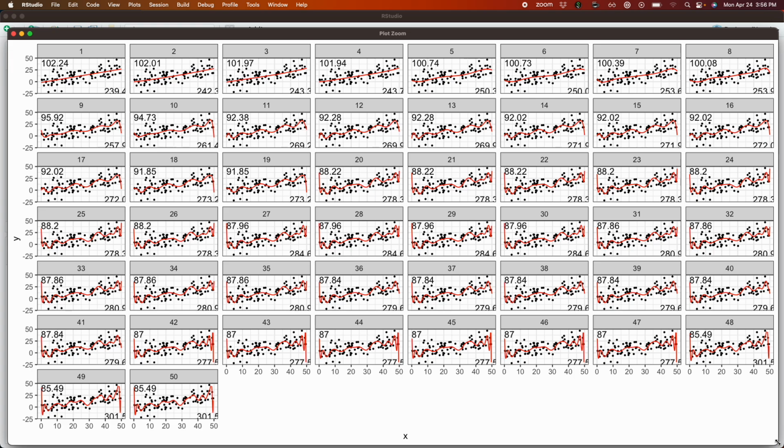So I can say with confidence, using this technique, that our first model is the best model to use, because when we do the out-of-sample testing, the lowest error is the first one.